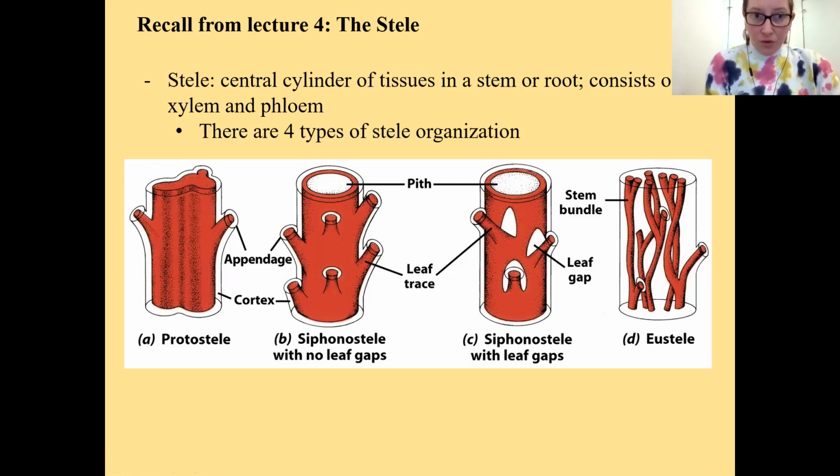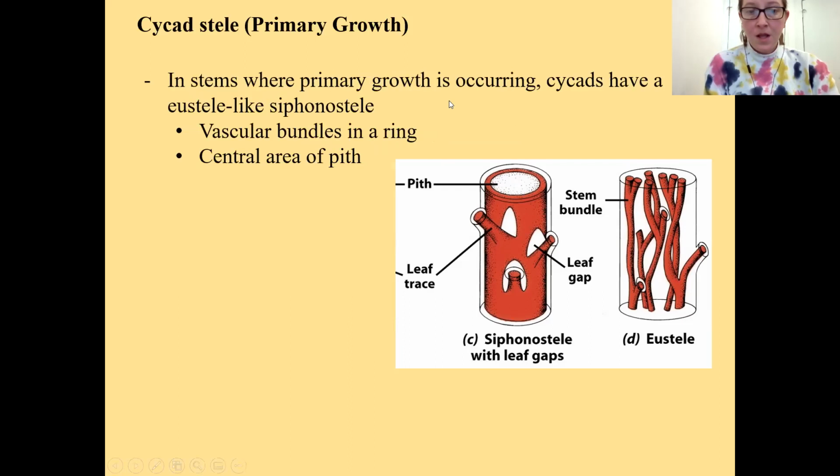We know that the stele is a way to describe how xylem and phloem are organized. There are 4 types of organization: protostele, siphonostele with no leaf gaps, siphonostele with leaf gaps, and eustele. We've talked about these before.